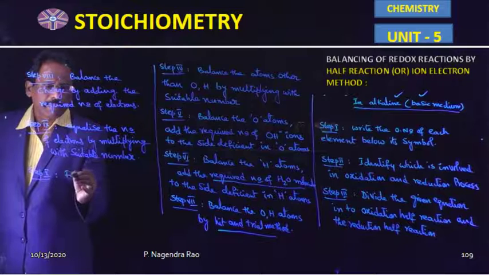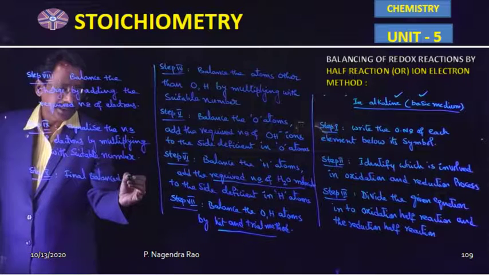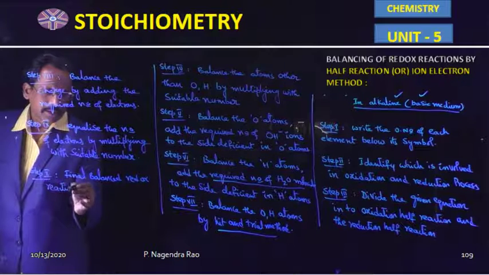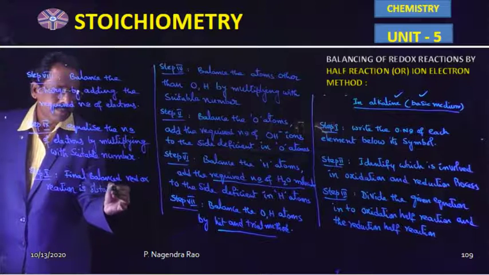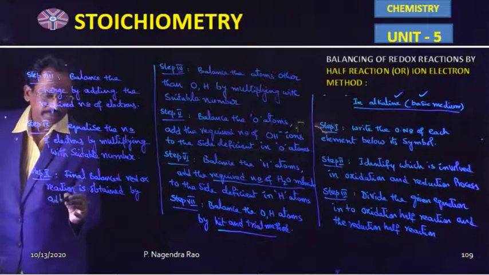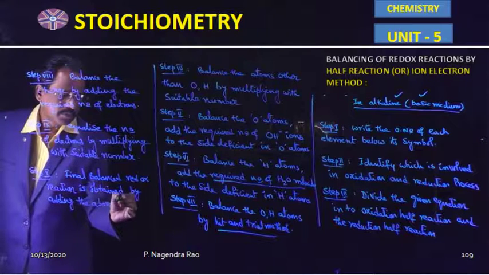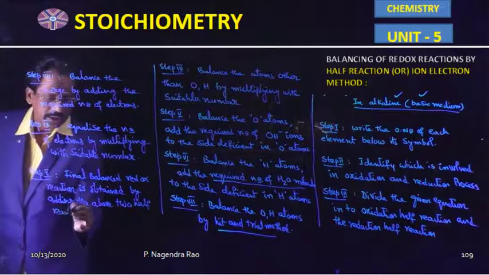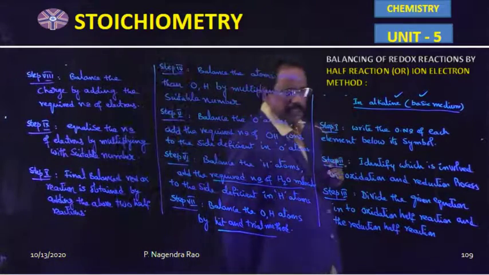The final balanced redox reaction is obtained by adding the above two half reactions. So these are the rules in half reaction method.